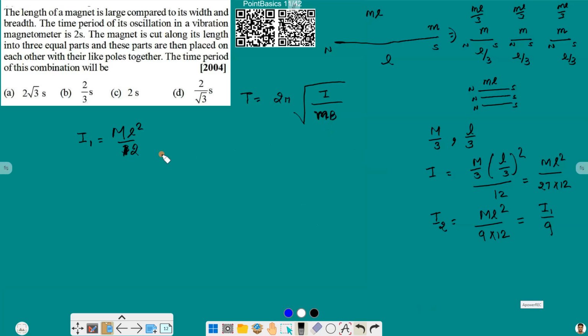If we divide T by T dash, then all the variables, 2 pi, m, B, are the same, only I has changed, so it will be I1 by I2, and I1 by I2 is 9. So T is 2, T dash is 3, so the value of T dash comes out to be 2 by 3 second.